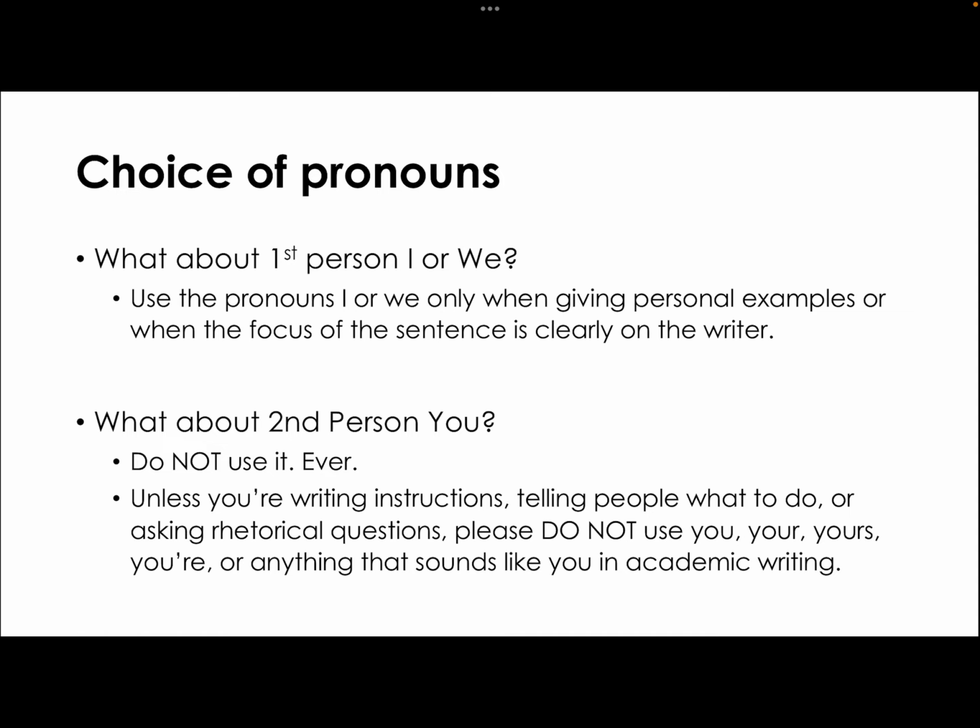Unless in those circumstances, please do not use you, yours, your, or anything that sounds like you in academic writing. It sounds so informal and counter-effective. Just don't use it, right? Okay, so when we take an exam later, keep in mind that this is a very, very important factor that I will check on your writing. All right?